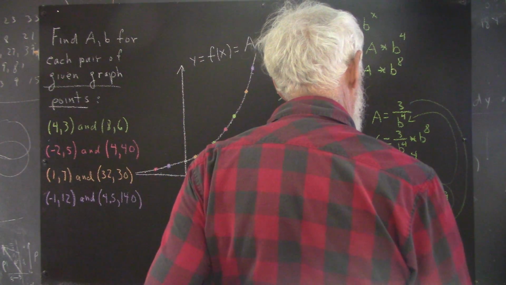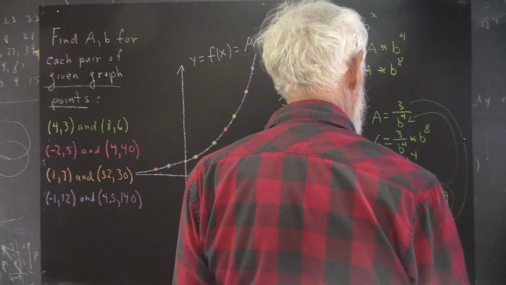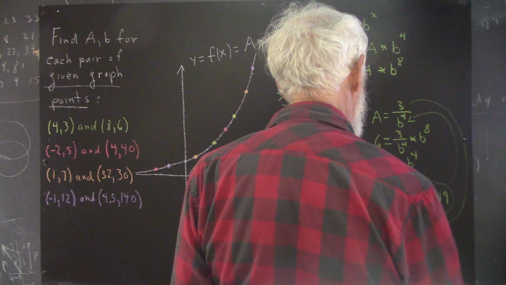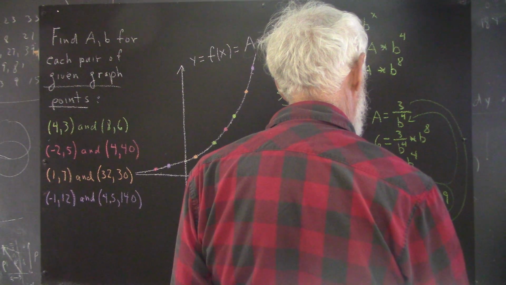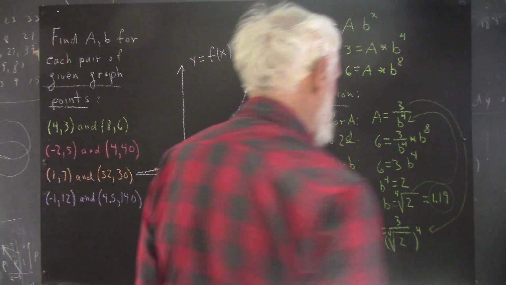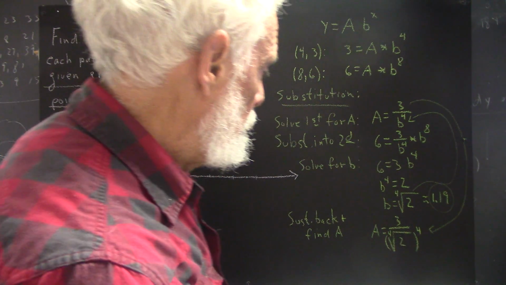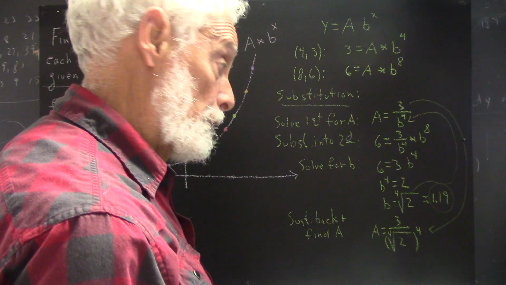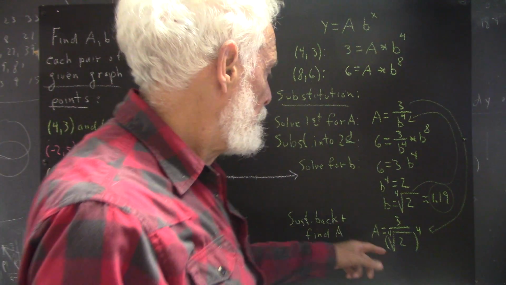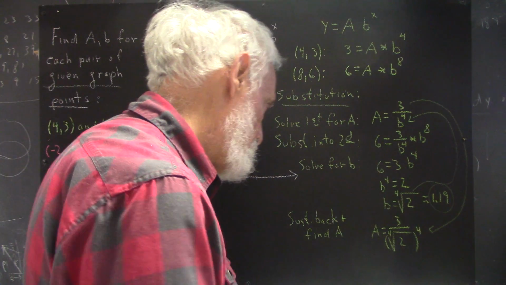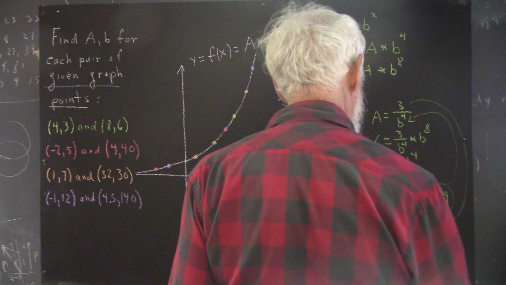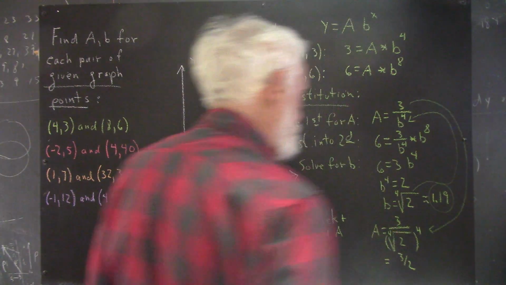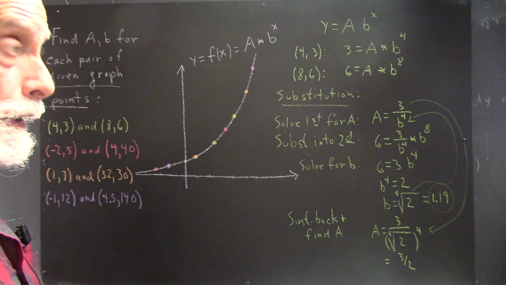I get 3 over the fourth root of 2, but that raised to the fourth. And you see why I didn't want to put the 1.19 in there, or whatever the number would be, because this is going to come out real nicely. And we find that A equals 3/2.